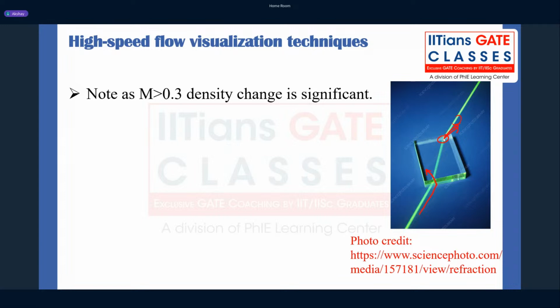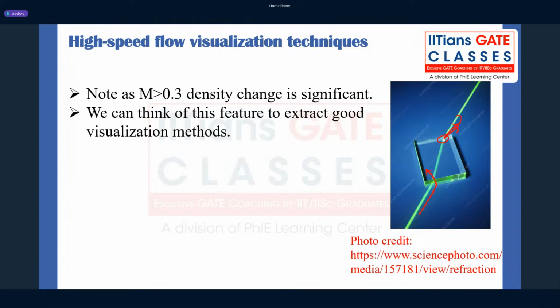If we extract this feature of change in density and combine it with the optics we studied in high school physics, we can get very beautiful flow visualization techniques. That's the whole purpose of discussing optics. We can use the optical properties of the change in density of the medium to our advantage to visualize in more detail.